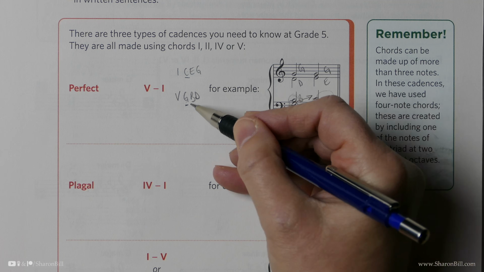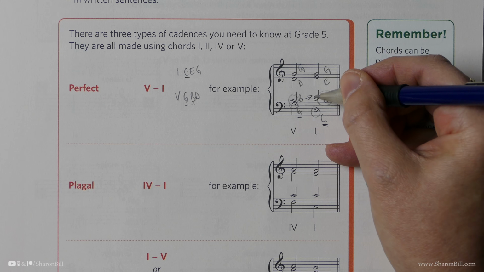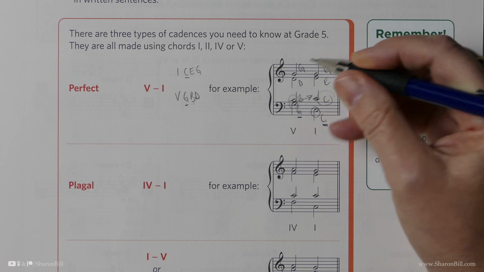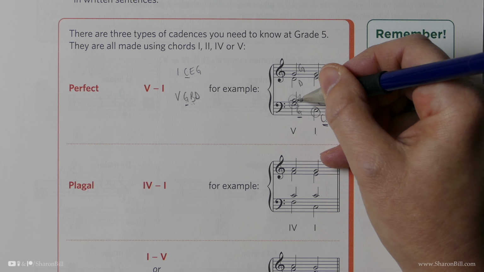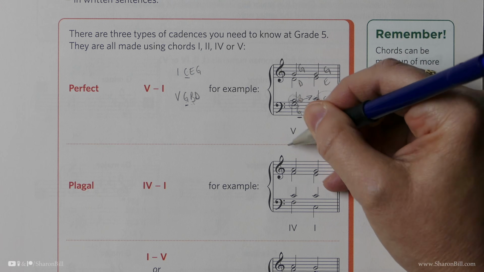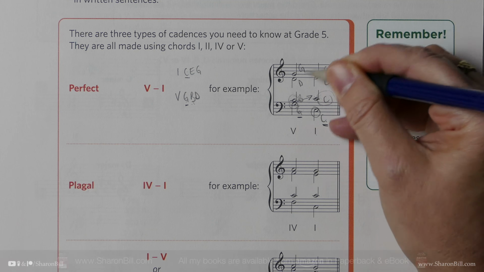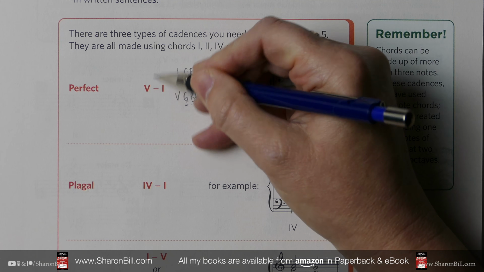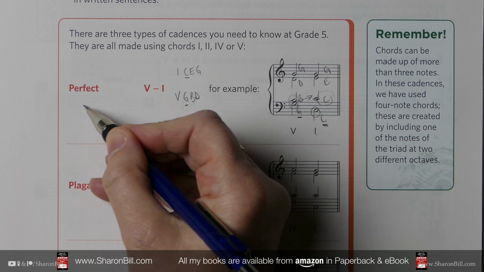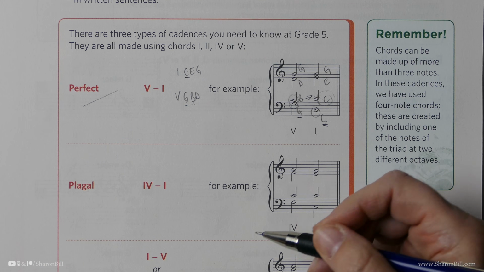Because chord 5 has got that leading note, the 7th degree of the scale that's pulling to go home, that te-do finish, if you think like te is just another way of saying 7 to 8, te-do, 7 to 8. And so chord 5 leaves you hanging and it pulls to go home. It's always pulling to go home to chord 1. It's a very strong chord, harmonically chord 5 is. And so we call that a perfect cadence because it's a kind of a massive closure in harmonic terms.